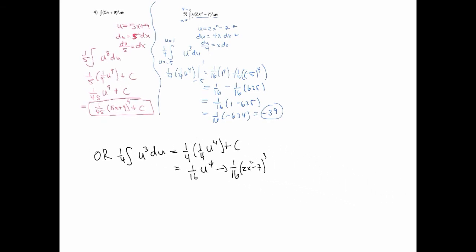And now the point is to go back to this definite integral. So now I'm going to evaluate that from the original 1 to 2. Whoops, it's to the 4th.